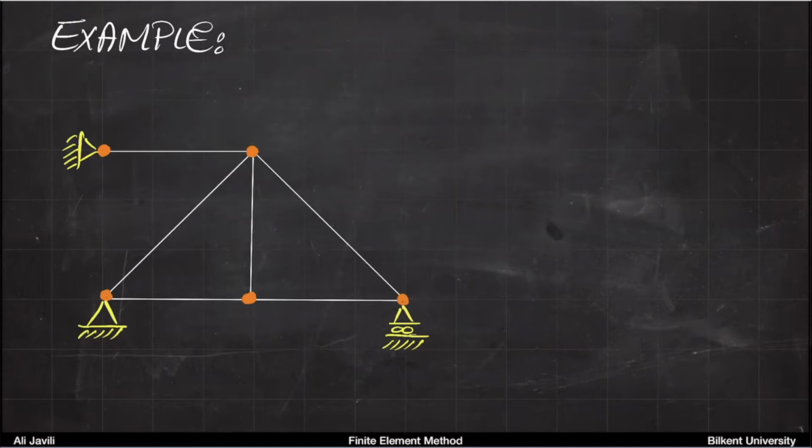Then on the roller one, you apply a horizontal force. Let's call that force R equals 1. Here you apply a vertical force. Let's call it T equals 2.